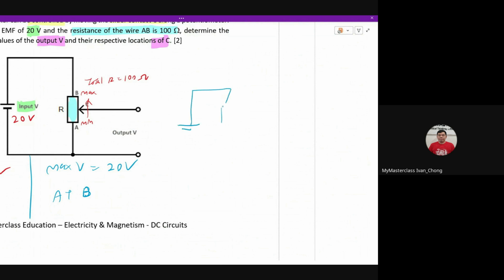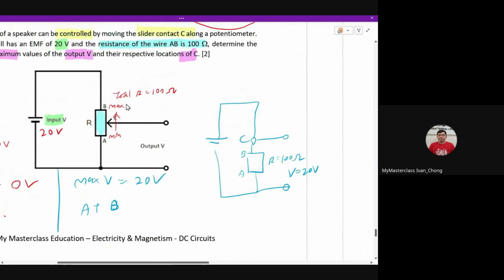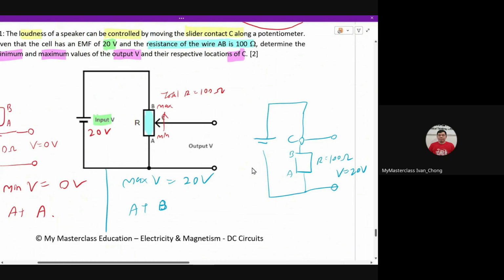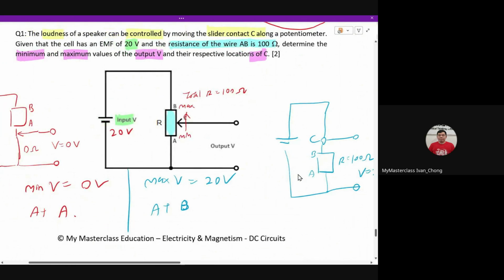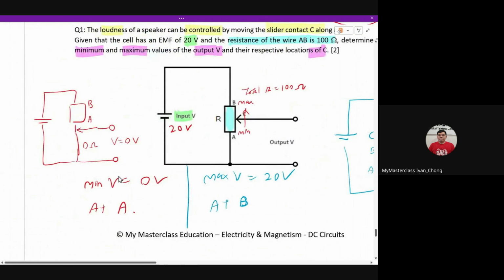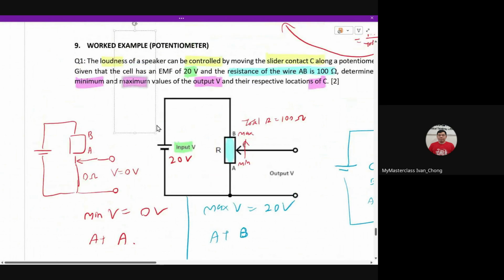If you place it at B, on top there is no resistance, but this is C, and then you have your B and A. So now your resistance is 100 ohms straight away, and because of this, your V must be 20 volts. All of it is used just to overcome your resistance here. So the maximum is 0 to 20. This question is actually quite rarely tested. This one is more of me emphasizing.